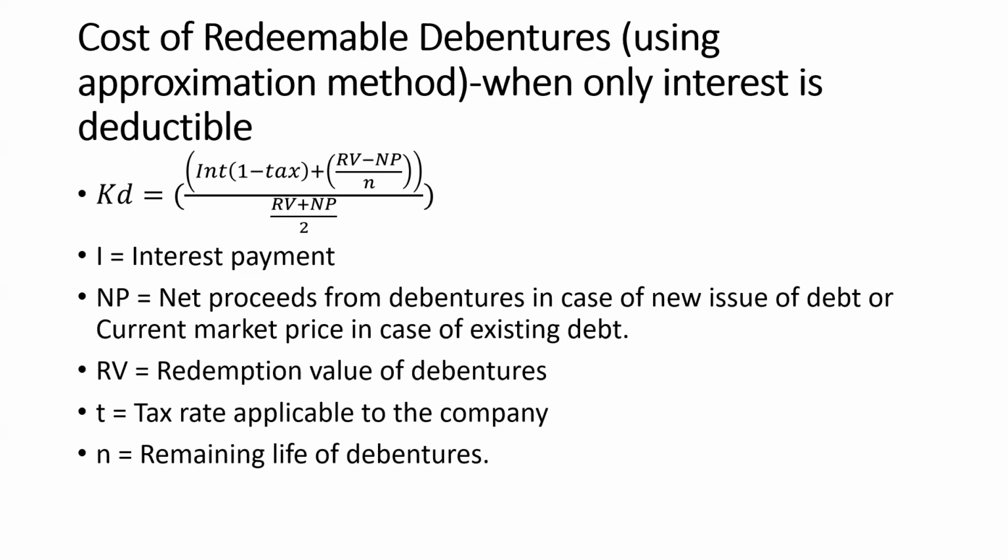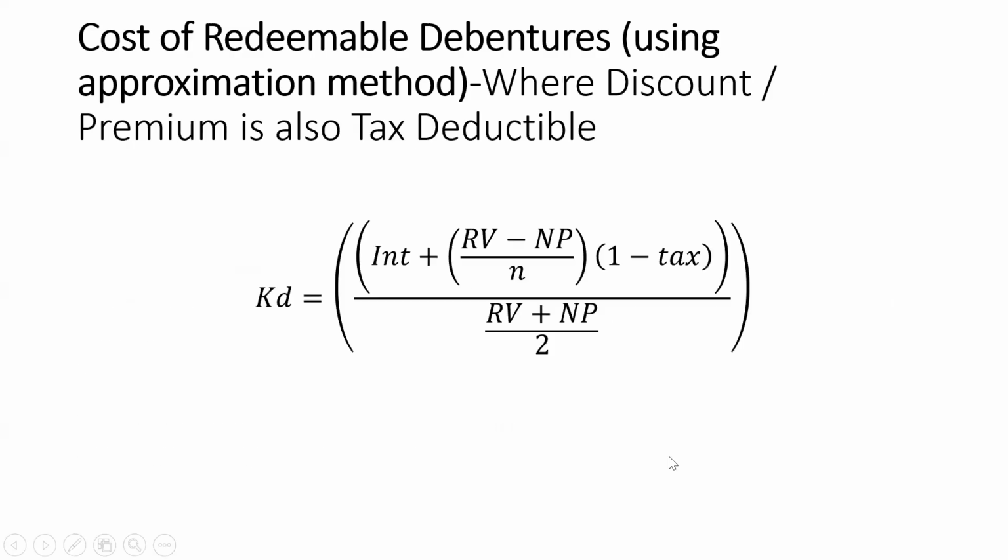In the case of a new issue of debt, current market price can be considered. RV is the redemption value, t is the tax rate, N is the remaining life of the debenture. Then imagine if I calculate the tax on the whole value.